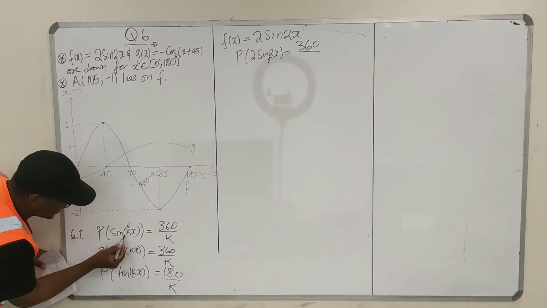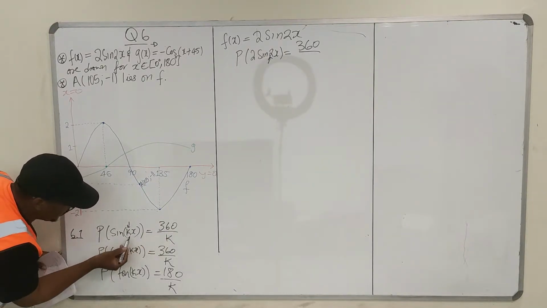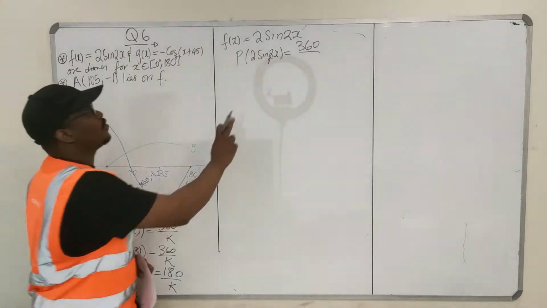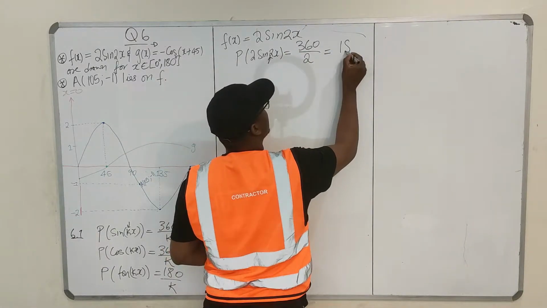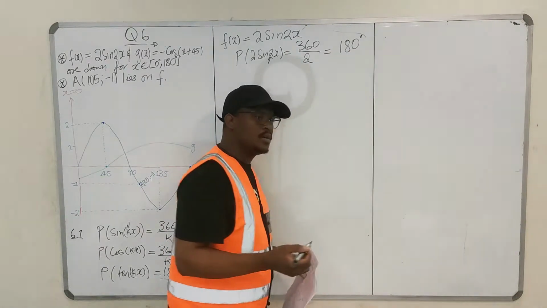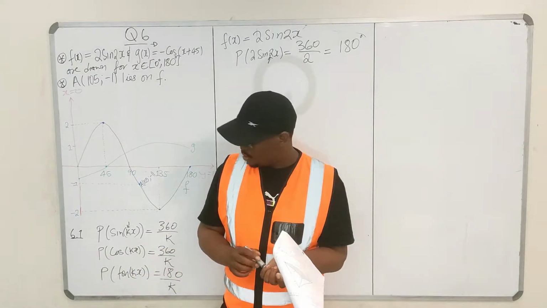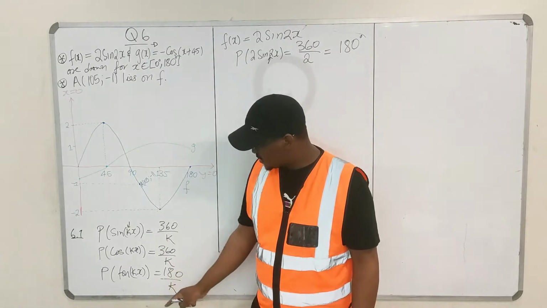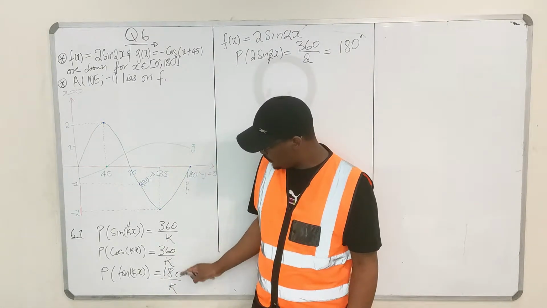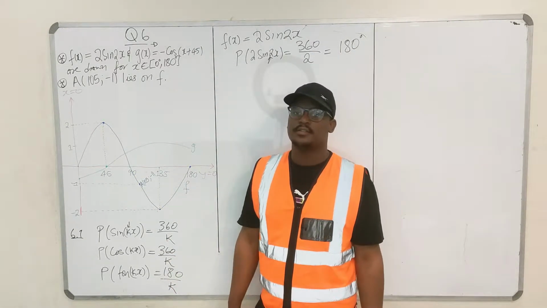For the period of sine kx, you divide 360 by the value of k, which is the coefficient of x. The coefficient of x is 2, so you divide by 2, and your period becomes 180 degrees. That's how you calculate the period. We also use similar formulas to find the period for cos, sine and tangent.